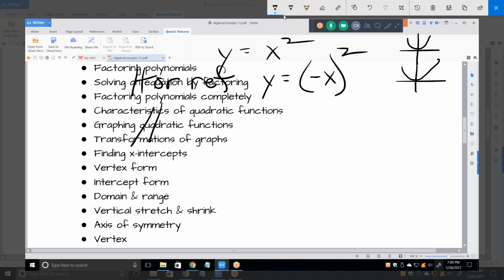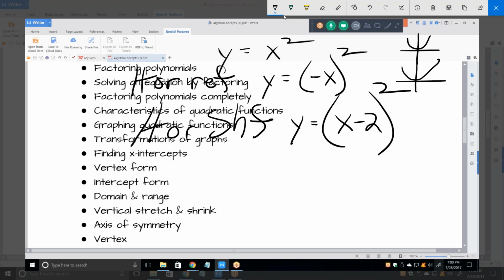Now let's talk about a horizontal shift, which would be something like this. You see why that's horizontal? Because the adjustment is inside the parentheses. And the effect on that is to move this function, this parabola, to the right by 2 units. Does not change the shape.